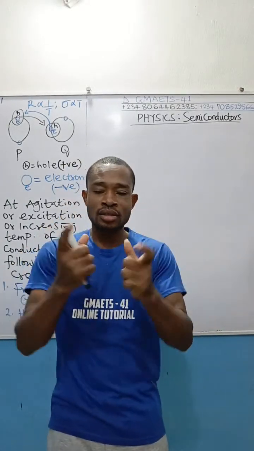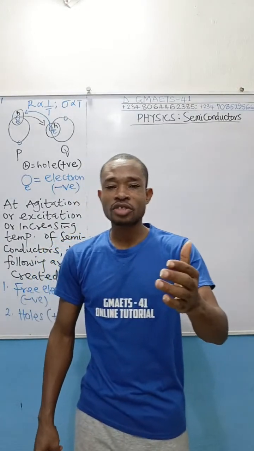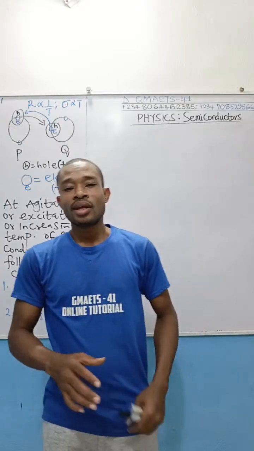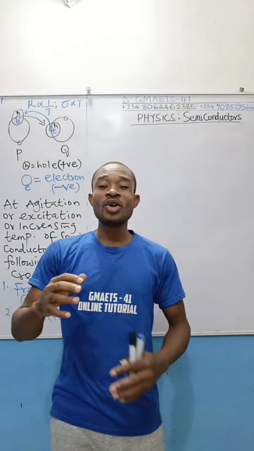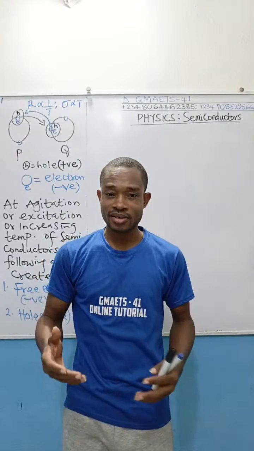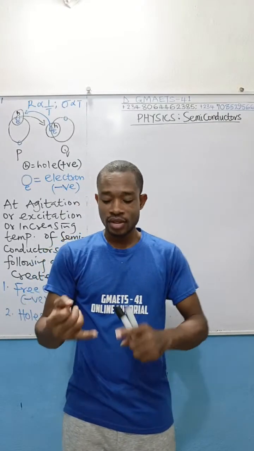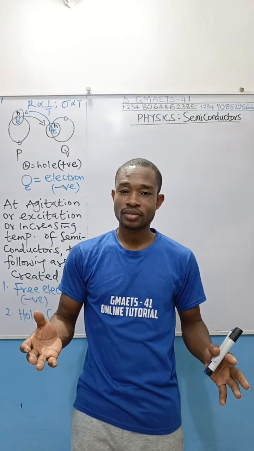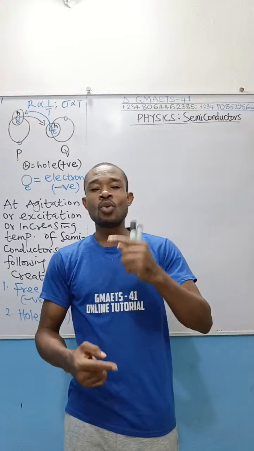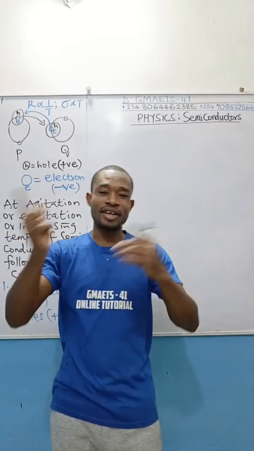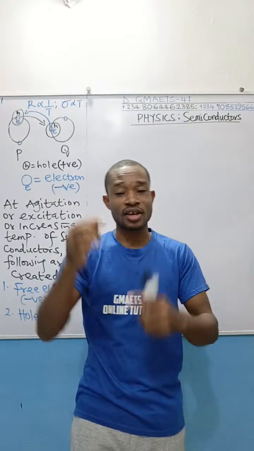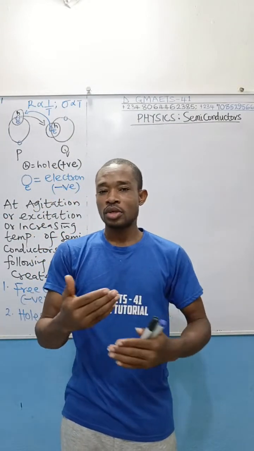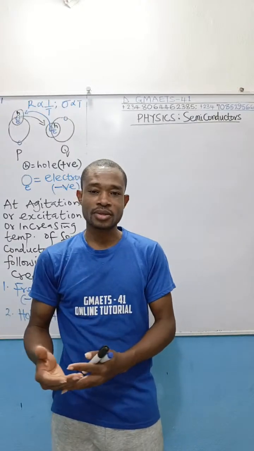Pure in the sense that the number of electrons and the number of protons they have are equal. In their lowest possible temperature state, which is 0 Kelvin, the number of protons and the number of electrons are equal. Even when you increase their temperature and there is this flow of electrons, they are still equal. So they are known as pure semiconductors.